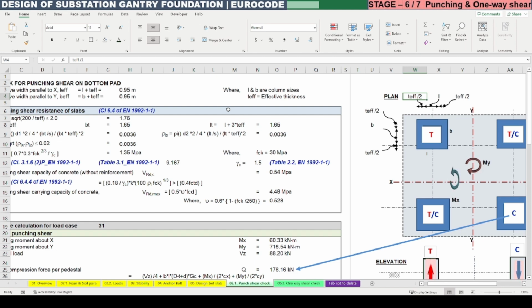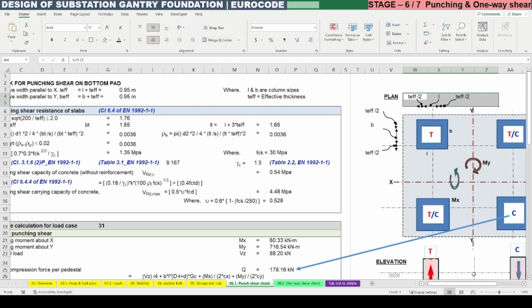So the total effective length shall be T effective divided by 2, times 2, because on both sides we have the same width of the strip subject to punching shear, plus the column size B. You can see on the right hand side the plan picture explaining that.